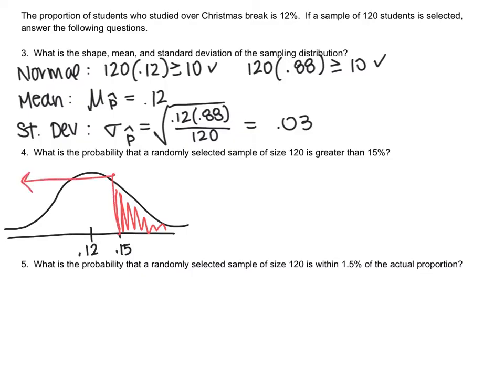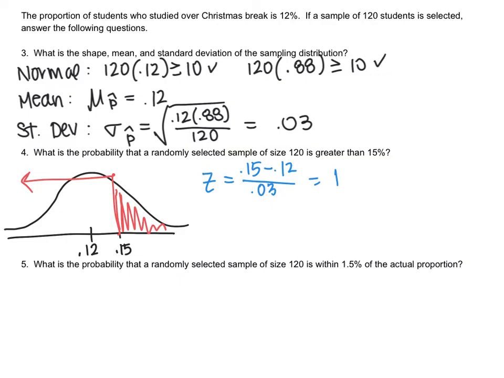So first we're going to calculate our z-score. So z equals 0.15 minus 0.12 over 0.03, which is going to be 1.